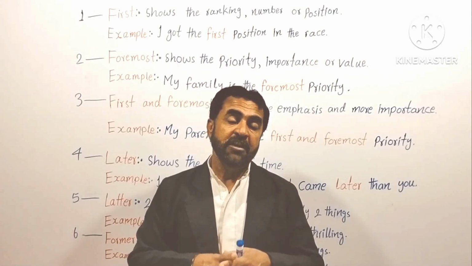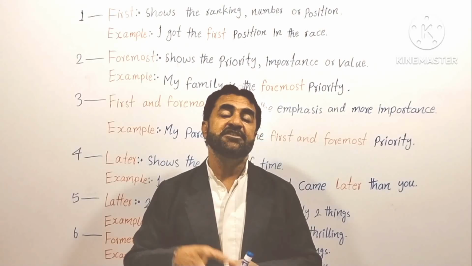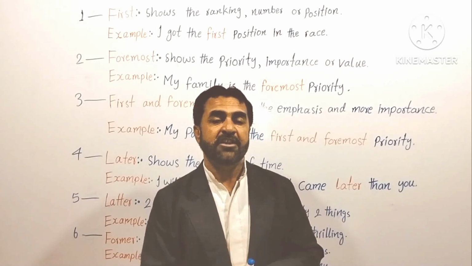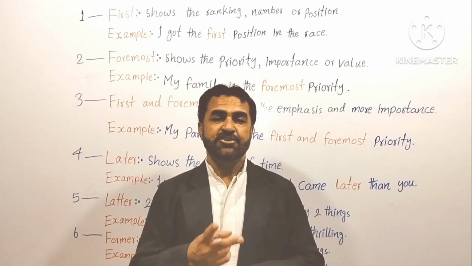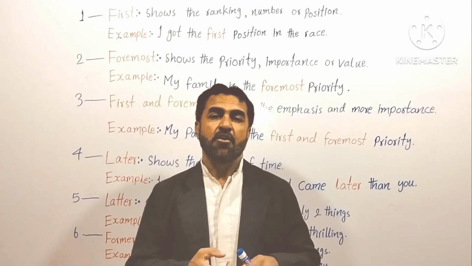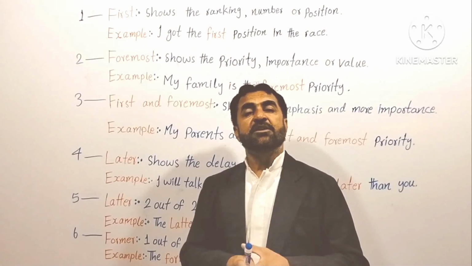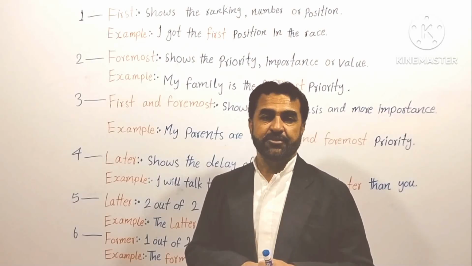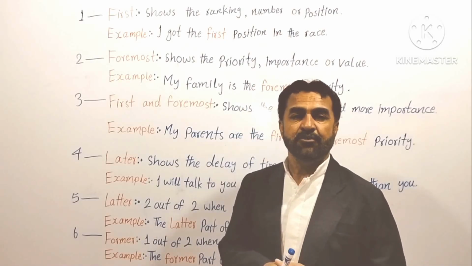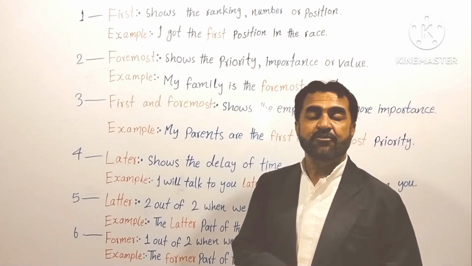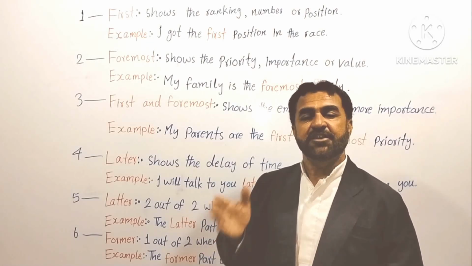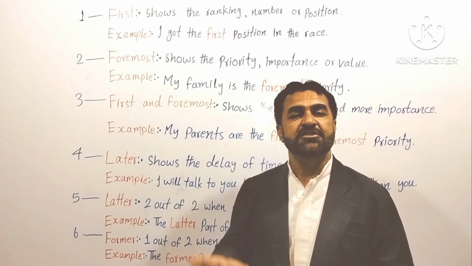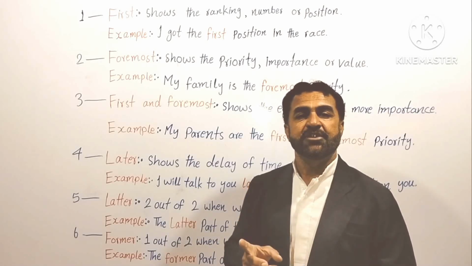When we discuss more than two things, we say first, second, third, fourth, fifth in ranking. These words show the number or ranking. But former and latter are just two words used when we talk about two things or two characters, not more than two. Here we cannot say first, second, because these are just two things.